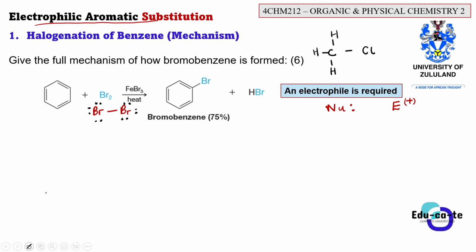So this chloro group here, if you look at its electronegativity, it has a greater electronegativity than the carbon. It means it pulls electrons closer to itself. The electrons of these bonds are pulled closer to the chlorine.